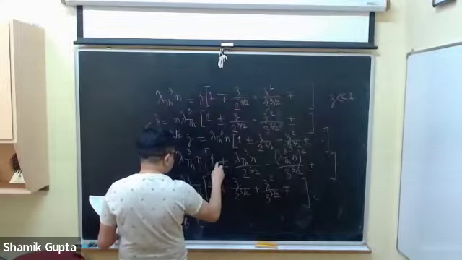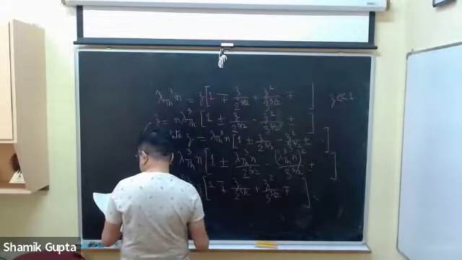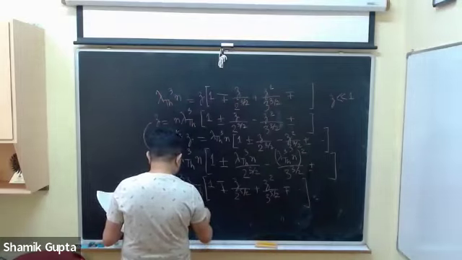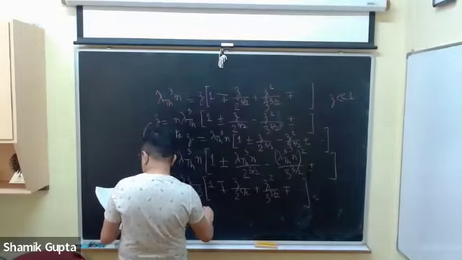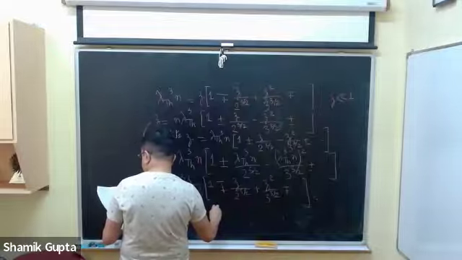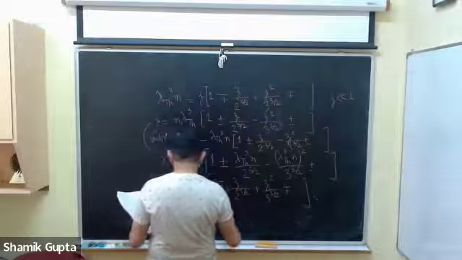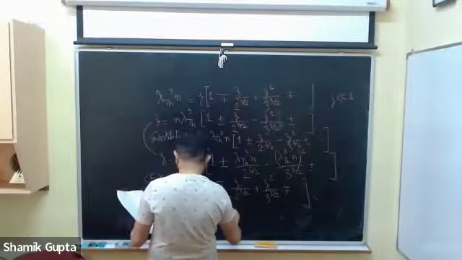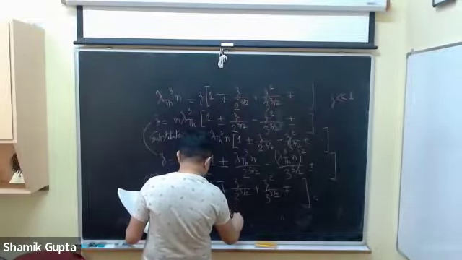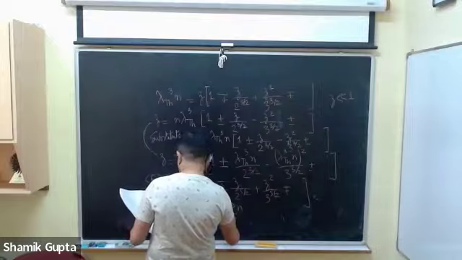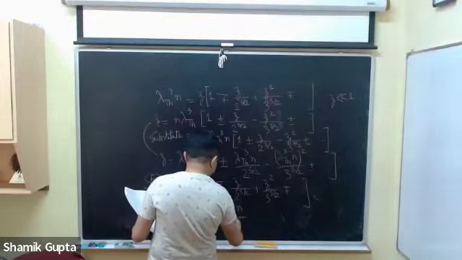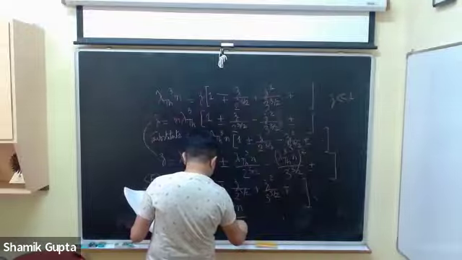I'm just substituting this expression here. For z I will have 1 plus minus lambda thermal cube n divided by 2 to the power 3 by 2.